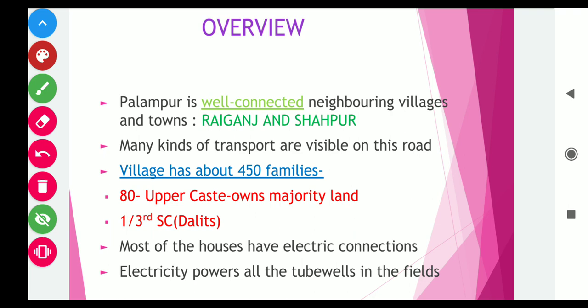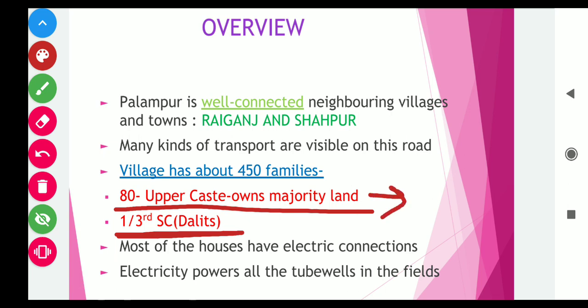Now, secondly, the village has about 450 families. And out of this 450 families, 80 belongs to the upper caste. And they are the owners of the majority of the land in the village.